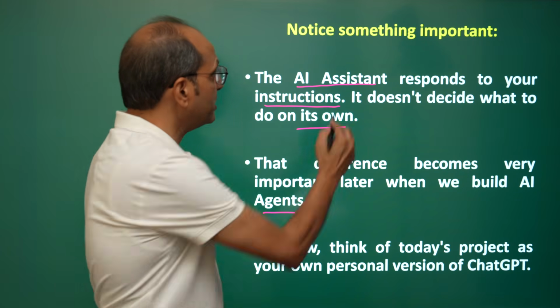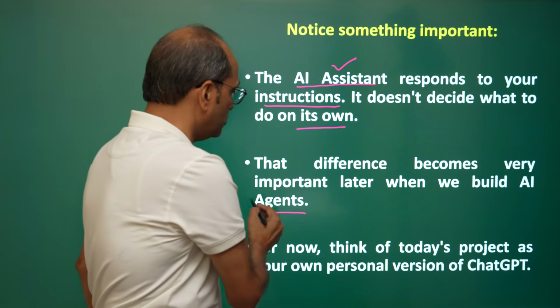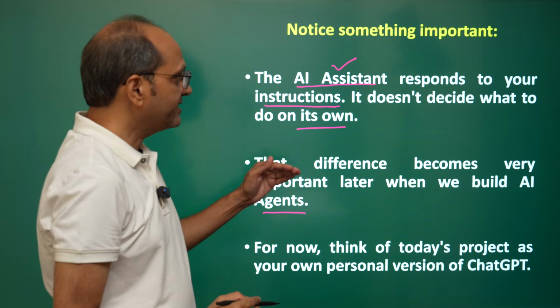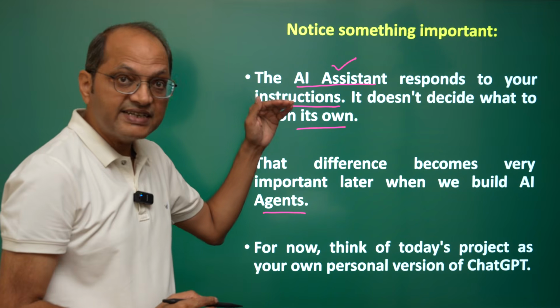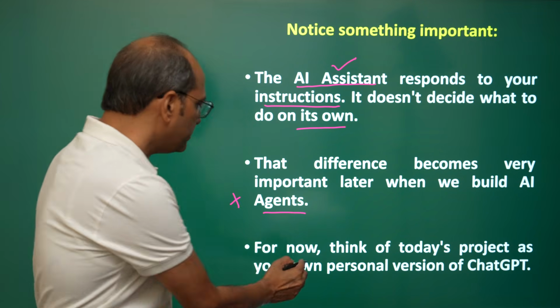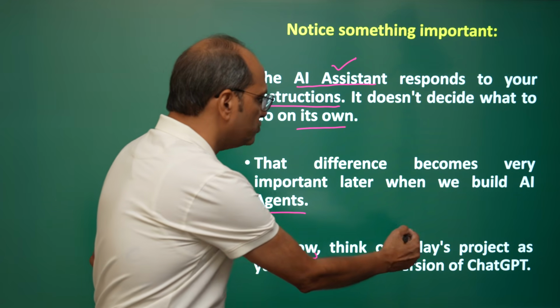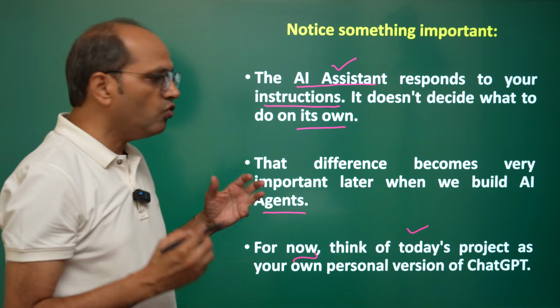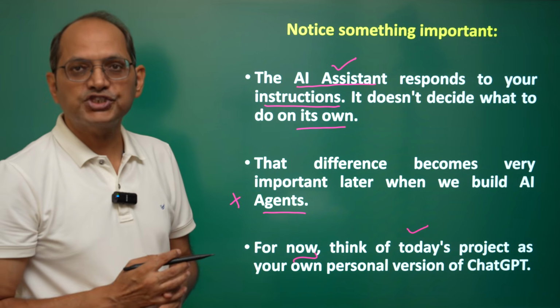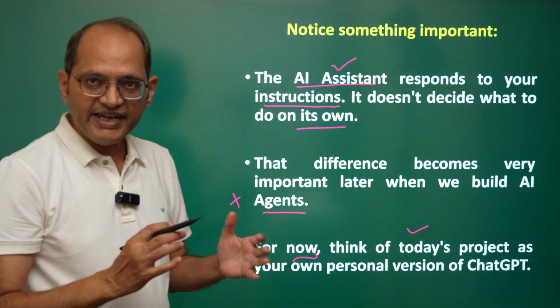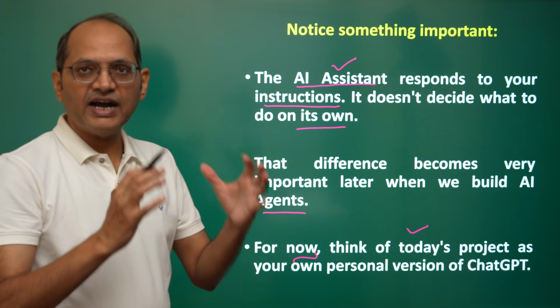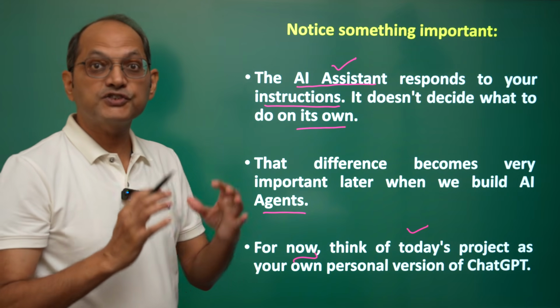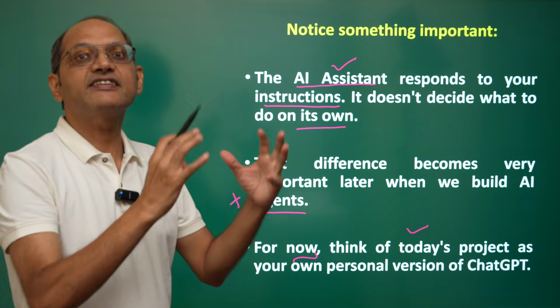Right now what I am talking about is an AI assistant, not AI agents, but we have to understand the difference. For now, think of today's project as your own personal version of ChatGPT. Today we are going to make our own personal version of ChatGPT through a Python program.